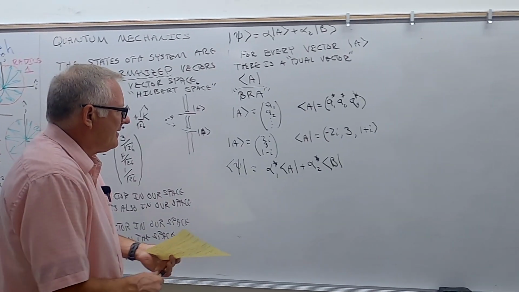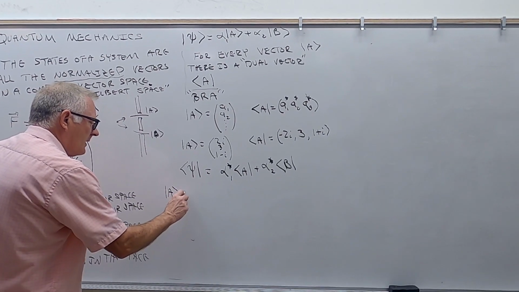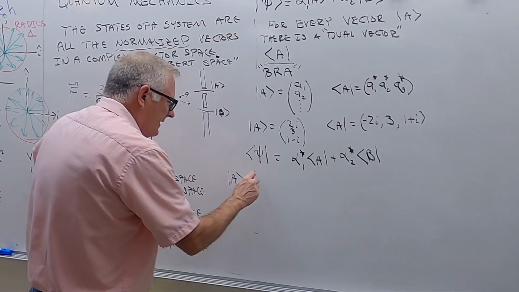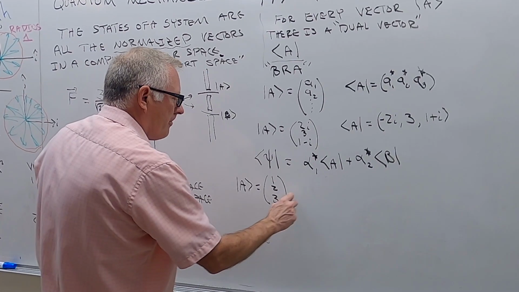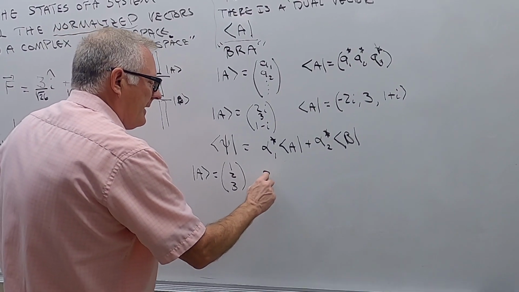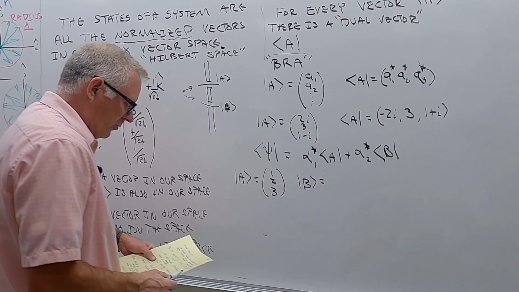Now, let me just suppose A was, how about just an easy one, I'll just put some real numbers in. 1, 2, 3, and B is 2, 3, 4.